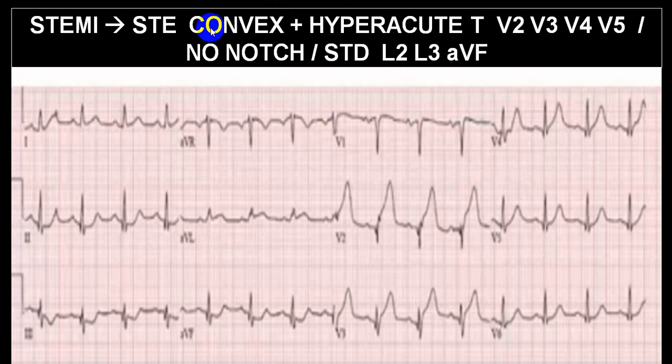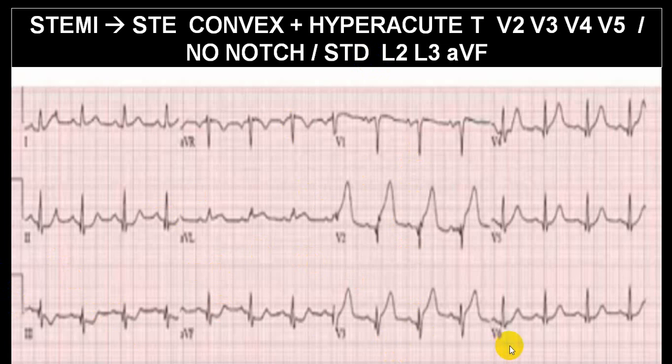So ST elevation is convex. There is a hyperacute T wave in V2, V3, V4, V5. There is no notch at J point, and there is also ST depression, which are reciprocal changes of anteroseptal or anterior wall infarct, that is in lead 2, lead 3, aVF. Do keep it in mind.